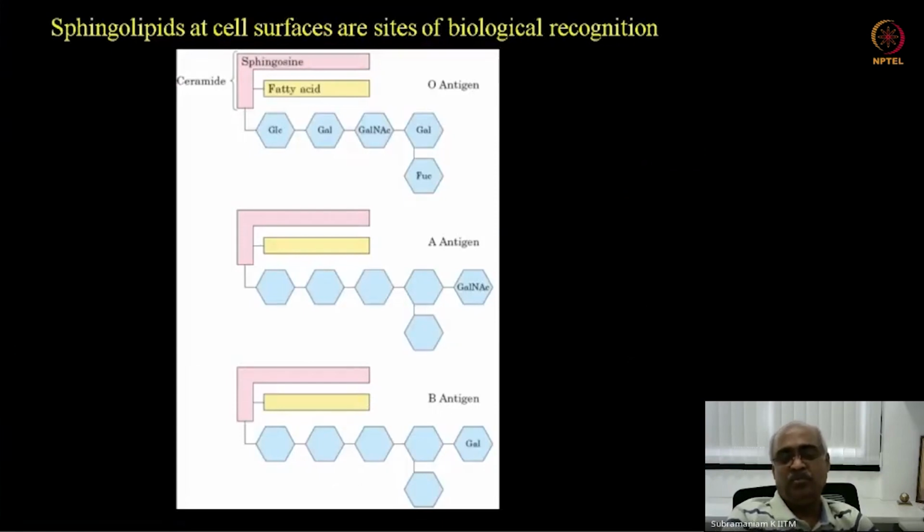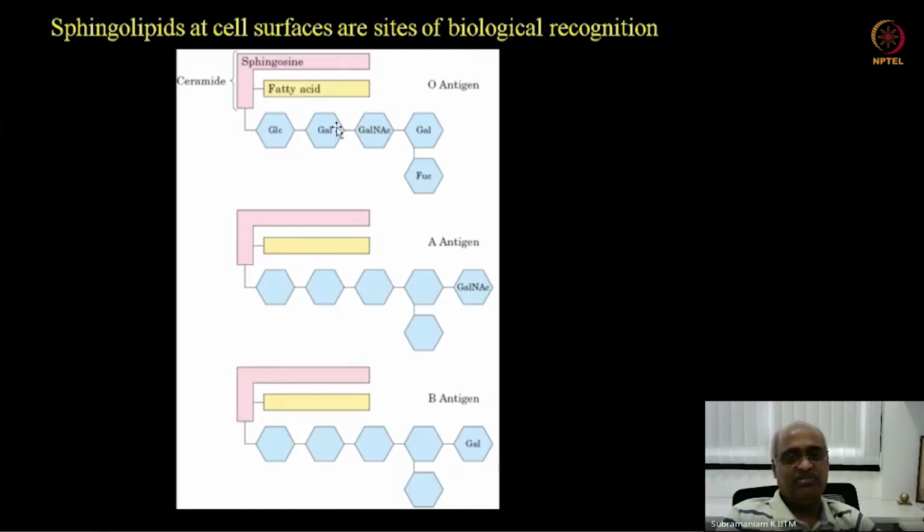Then you have various derivatives. So now an important aspect of sphingolipids is shown in this slide. Third is our blood groups. Okay, so given that this will be the tail in the membrane and this will be on the surface, the head group, this is polar.